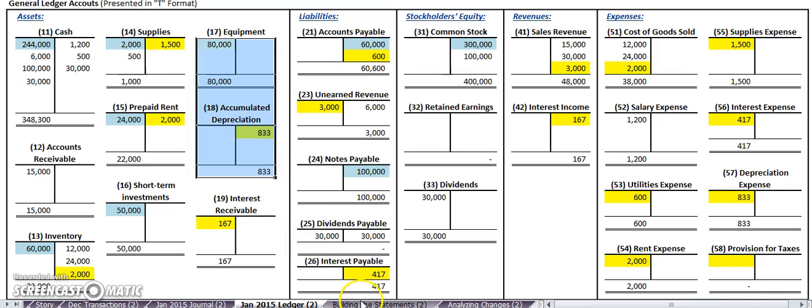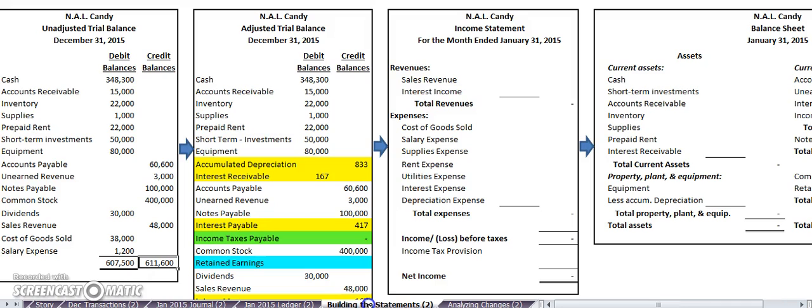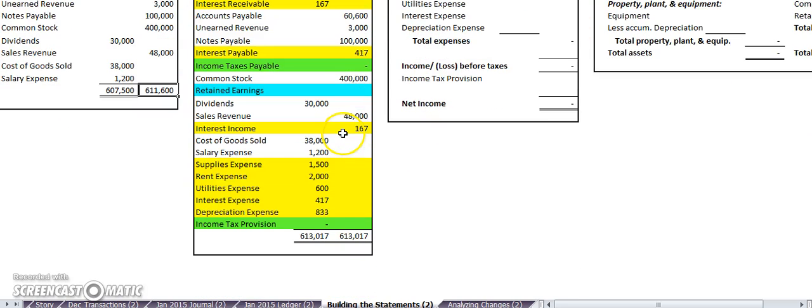Okay, so excuse me. So now we've built. I already had this linked. So now the ending balances of these new accounts are put here in the adjusted trial balance. And hopefully they will match. So they do match.